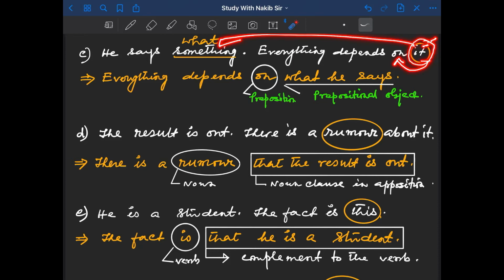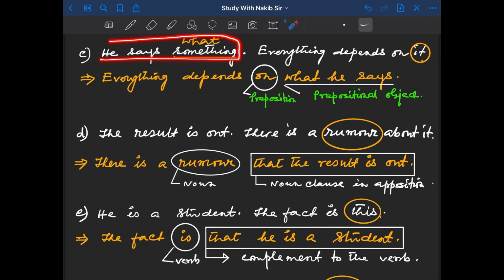So in place of it, we will use this sentence. But before that, we will change a little here. When you get this type of sentence, he says something, change something to what. So it becomes what he says. It will go there as what he says. Now write, everything depends on, written.